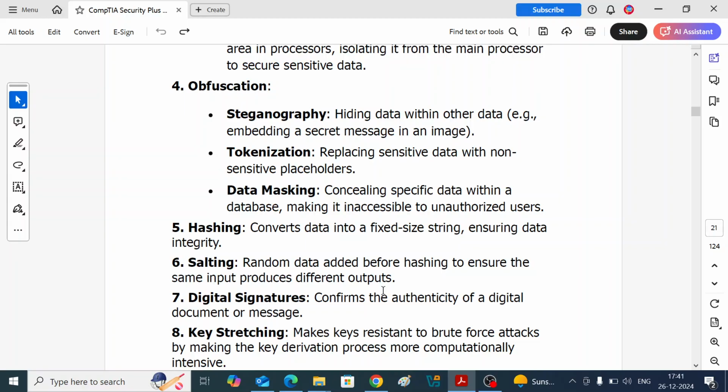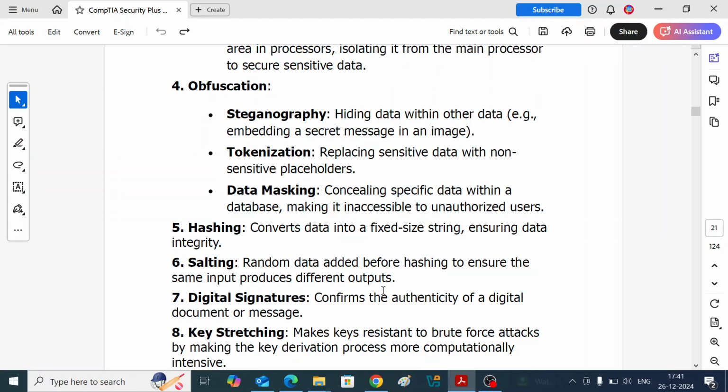Those data elements, whether digits or alphanumeric or whatever they are, are called tokens, and that's why this process is called tokenization. The primary purpose is to safeguard the sensitive data.